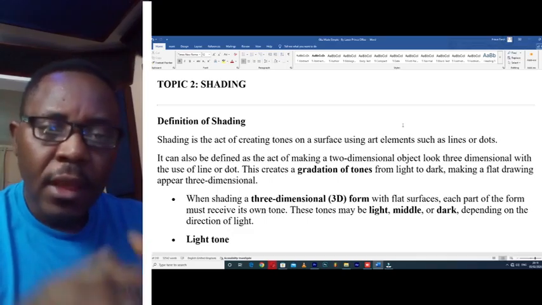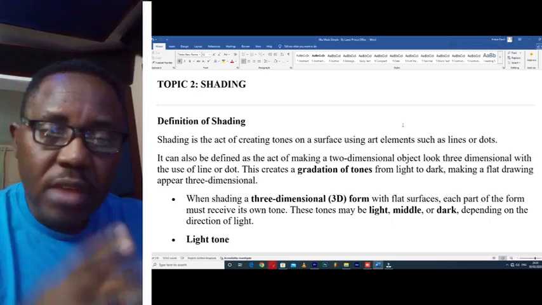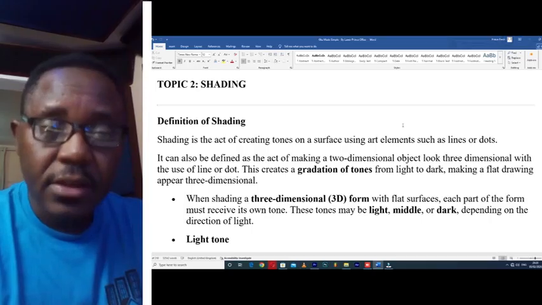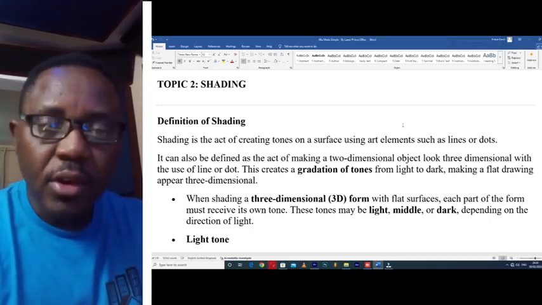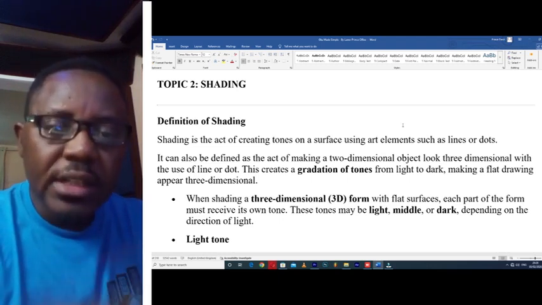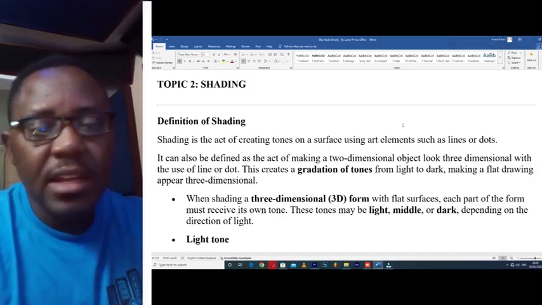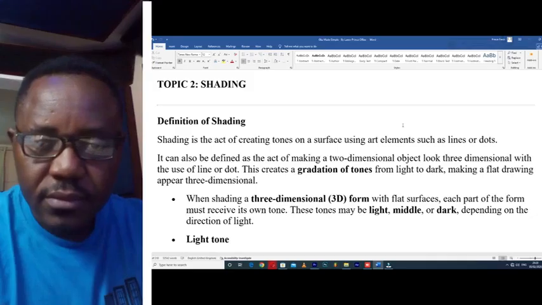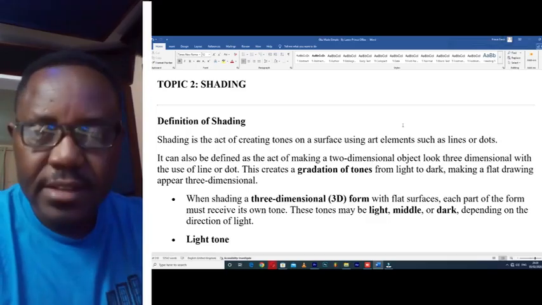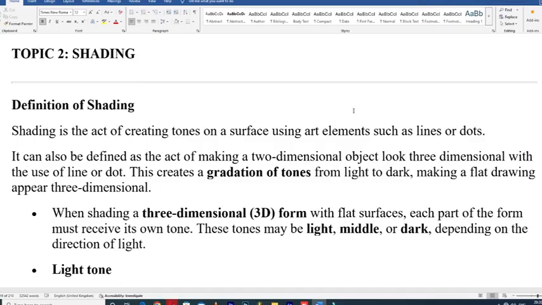Shading is the act of making a drawn two-dimensional object look three-dimensional on a surface by the use of these art elements, lines and dots. Do you get it? It means that you can do shading with dots, and you can also do shading with lines. And that you will see in our practical class. All right, let's move on.